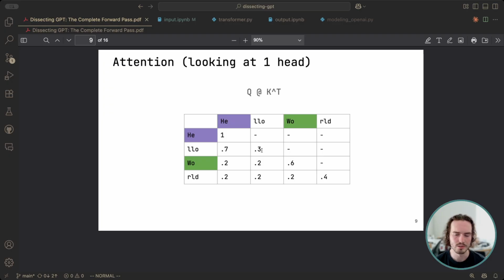So, you know, "low" maybe has some meaning by itself, but when it sees "he", it knows, okay, I should retain 30% of my representational identity, but maybe I'll take on 70% of this "he" token. And so that merging of representations across tokens is really the key thing that is happening when we're doing this queries multiplied by keys.